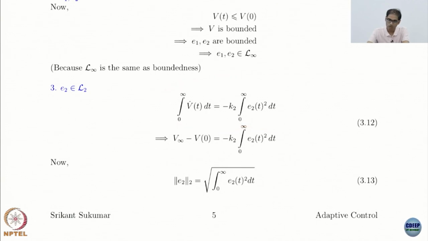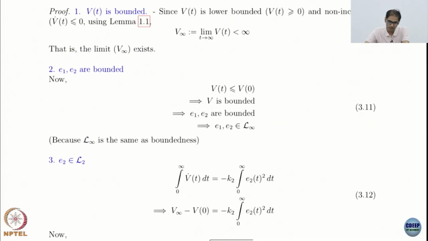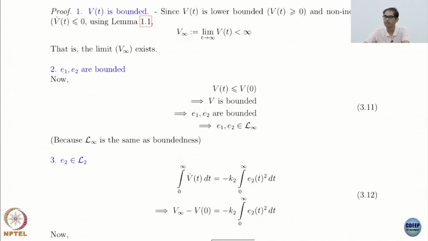Now I know that the left hand side is integrable, why? Because the left hand side is just dV by dt times dt, so dt goes away, and it is just the integral of dV. So basically it is V at infinity minus V at 0, but I already proved from step 1 that V at infinity is finite. So the left hand side is just V infinity minus V of 0. Clear? Simple step.